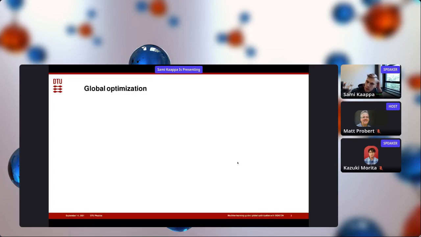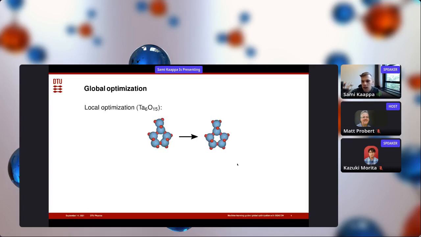So first of all, something about global optimization, and let's first distinguish it from local optimization, which is basically this. Sometimes they get mixed, so that's why I'm telling this. For local optimization, you usually have something similar that you want to end up with, like in this case. This is a tantalum oxide cluster.